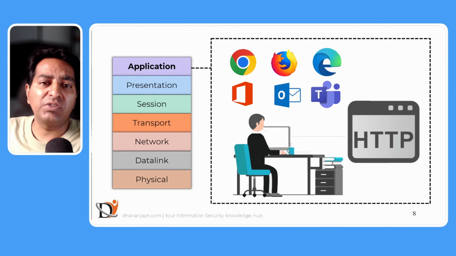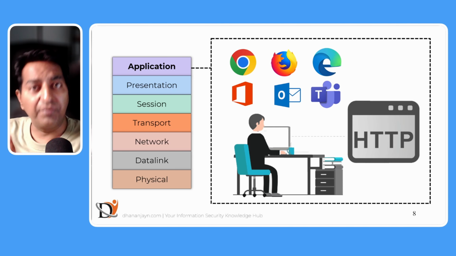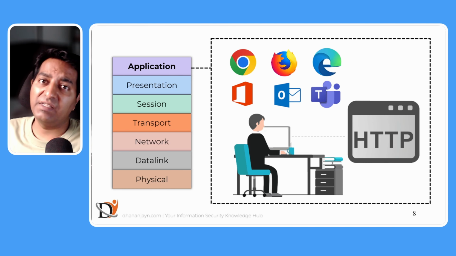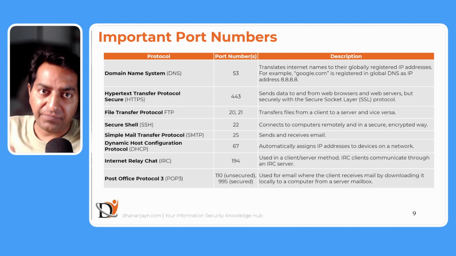All those interactive applications provide a set of services that allow the application layer to supply data to and receive data from the presentation layer. So the next layer, as you can see, is the presentation layer. This layer facilitates that communication, and it does that by attaching a port number to the payload.